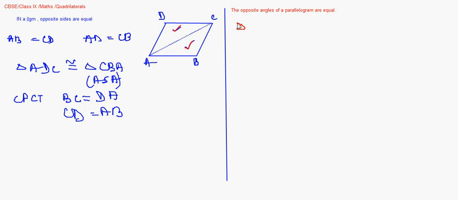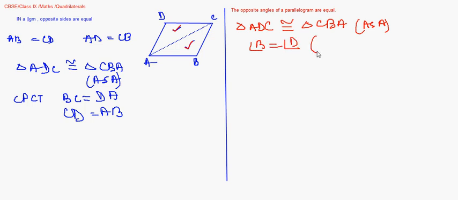We prove the congruency of triangle ADC with triangle CBA by ASA congruency, thereby making angle B equal to angle D by CPCT. So this is equal to this, we can say.